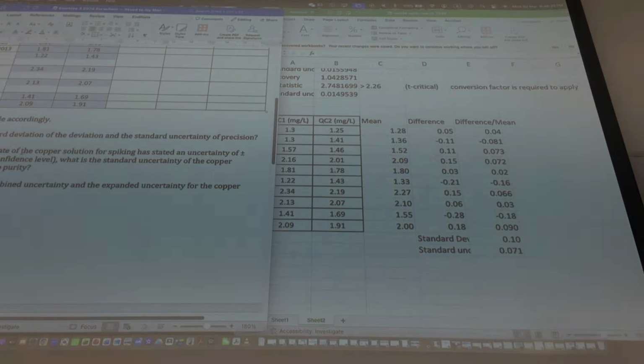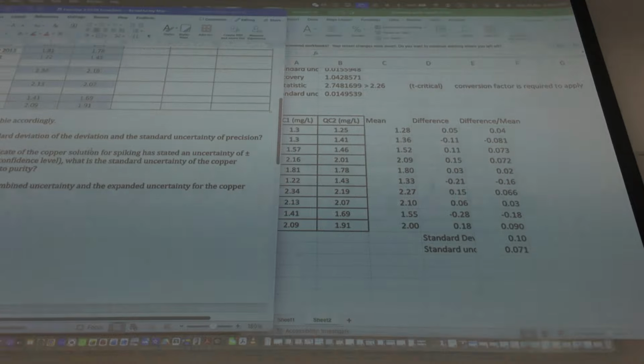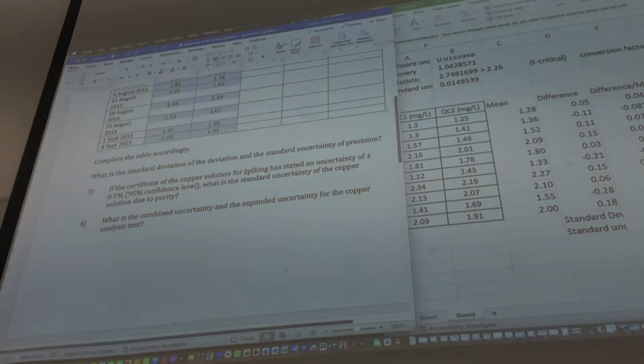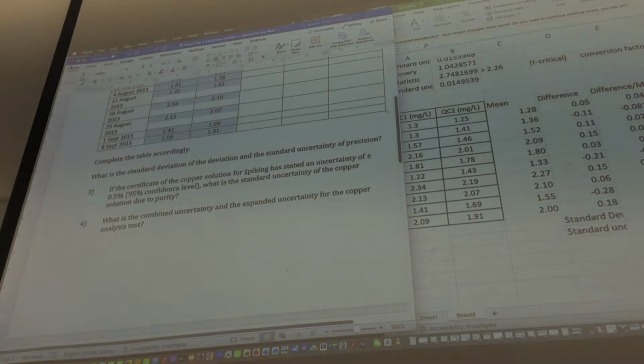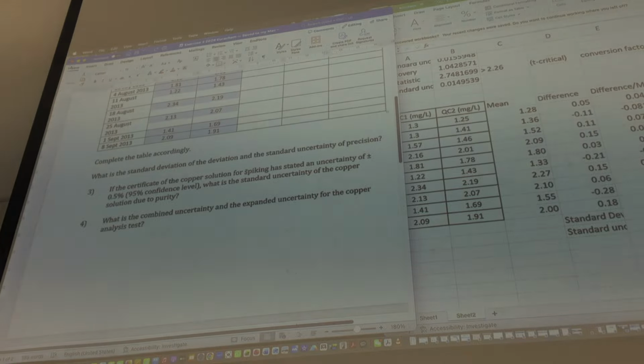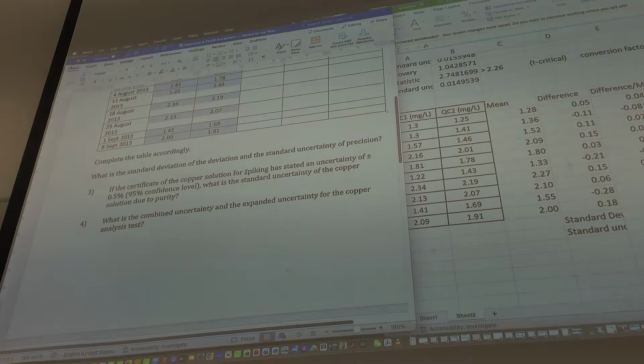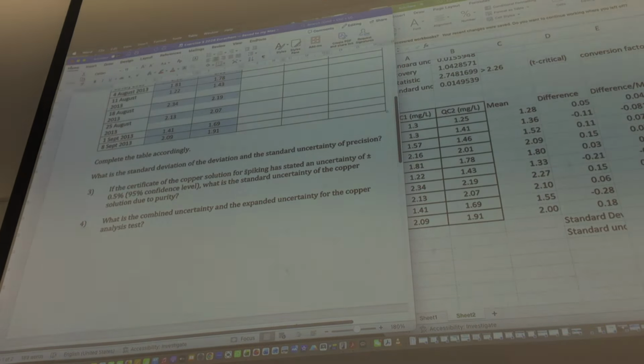And if the certificate of the coupled solutions for spiking states an uncertainty of plus or minus 0.5%, 95% confidence level, what is the standard uncertainty of the coupled solutions due to purity? If this is the case, it is Type B uncertainty from the certificate, and the expanded uncertainty in the certificate is 0.5%.